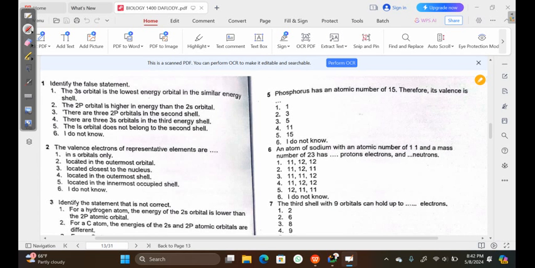One is saying they are in s orbitals only. 2 is saying they are located in the outermost orbitals. 3 is saying they are located closest to the nucleus. 4 is saying they are located in the outermost shell. Then 5 is saying they are located in the innermost occupied shell. So which of these statements is true about valence electrons of an atom?